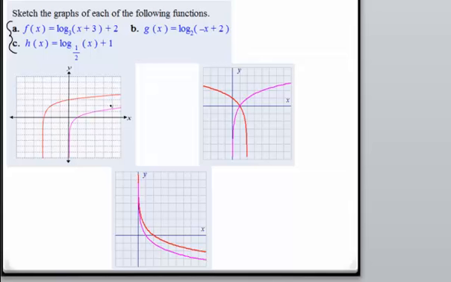Log base 3 of x is this one right here. So what happens when we add 3 on the inside? It's going to take this and shift it 3 units this way. So what's going to happen when we add 2 to it? It's going to shift it 2 units up. So we take this graph, shift it 3 left and 2 up to get the equation of the function f of x.